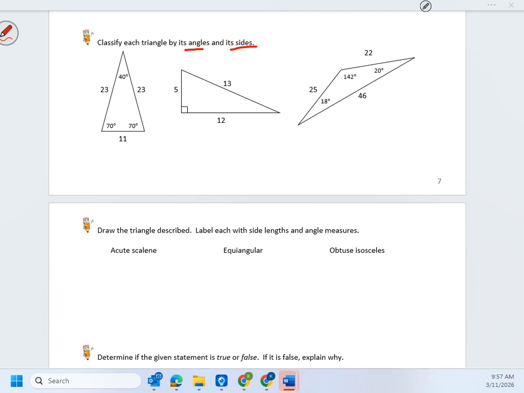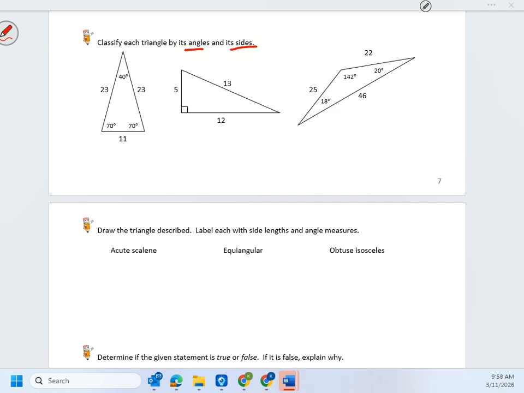So let's look at our first one. What would its angle name be? Look at those 4 angle names. Look at those angle measurements. What name fits it, Presley? That is not an angle name.